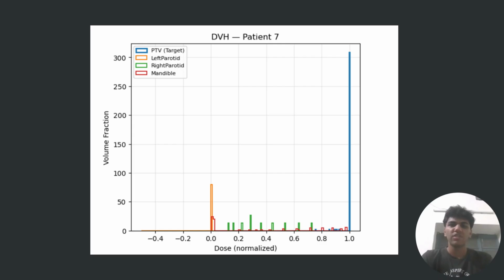This pattern demonstrates a favorable trade-off: high tumor dose, sharp gradient, controlled exposure to salivary glands and bone. Importantly, it is not a hand-picked case, as I have been saying repeatedly. This reflects performance on an unseen patient, suggesting good generalization of the RL agent.